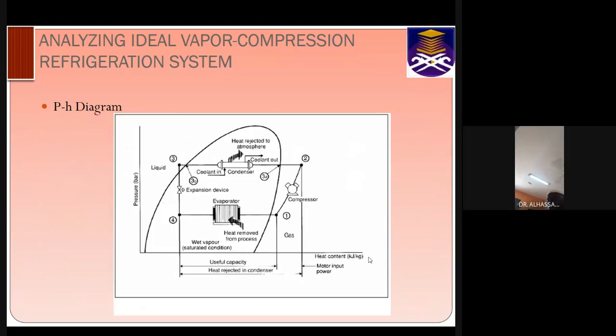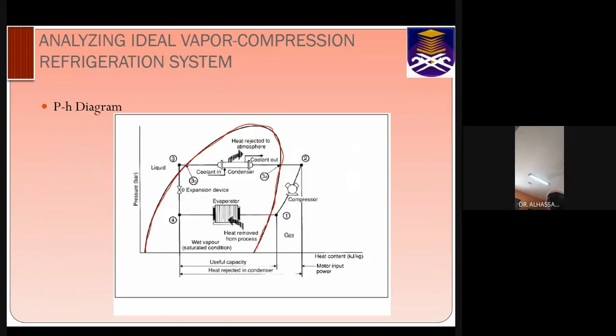So these are the various features for the pH diagram. Okay, I've told you that on the pH diagram, these are the saturation lines.